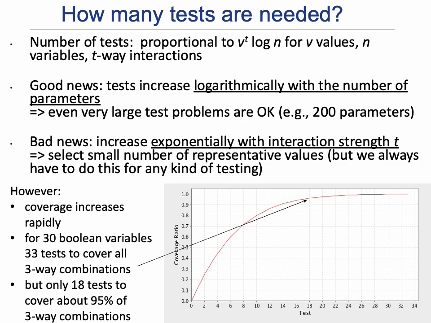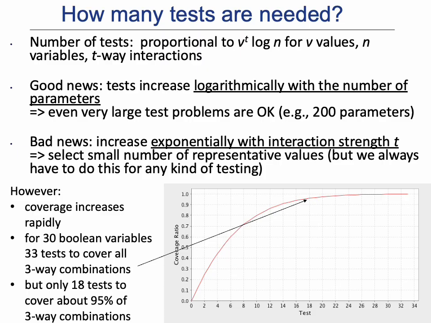So the good news out of this expression is that the number of tests increases only with the log of the number of parameters. So even if we have very large test problems involving hundreds of parameters, we can still do them. We've seen examples involving more than 1,000 parameters, and that's still a practical test suite size.